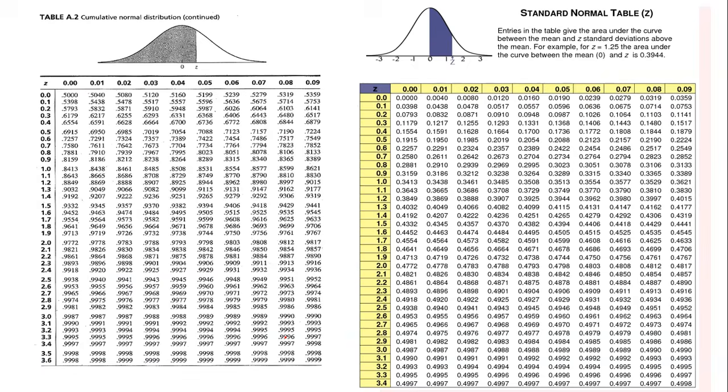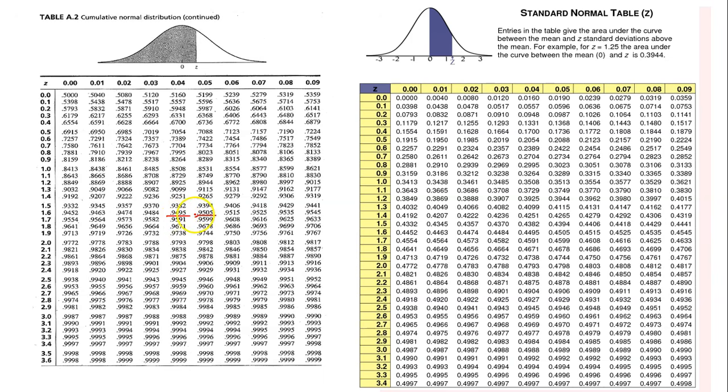So let's go and check the table. 1 minus 0.05, which is 0.9500, we look for it in the middle here. So we are looking out for 0.9500. We have 0.9505 here, and then we have 0.9495 here. So 9500 is between them.